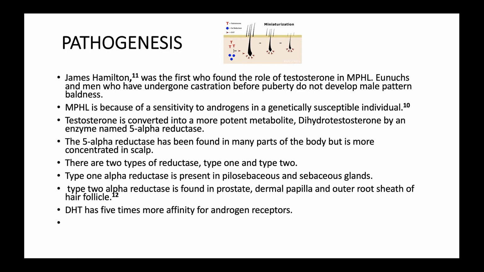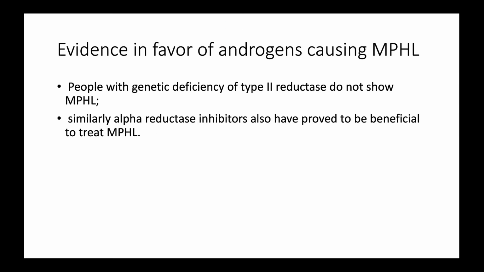It's very important that type 2 is found in the dermal papilla and outer root sheath of the hair follicle and also in the prostate. DHT is much more potent and has 5 times more affinity for the androgen receptor than testosterone. That is the reason we call dihydrotestosterone a more potent androgen as compared to testosterone.